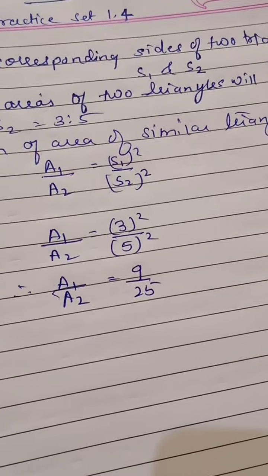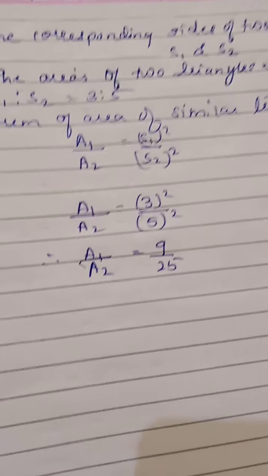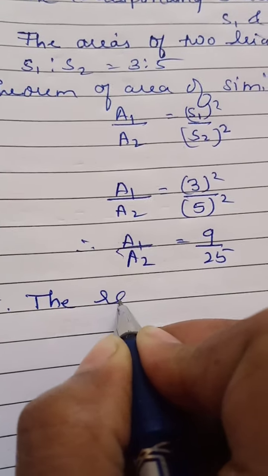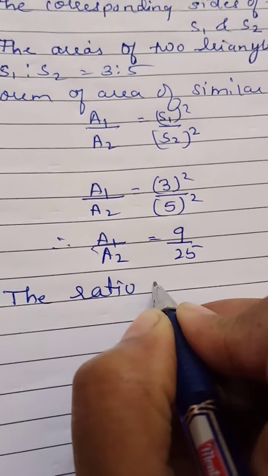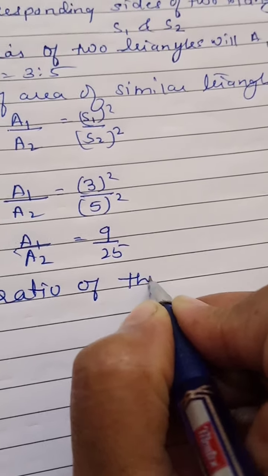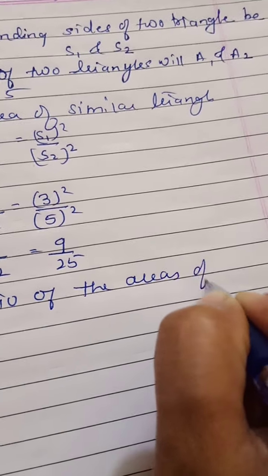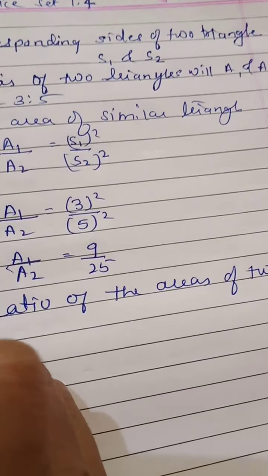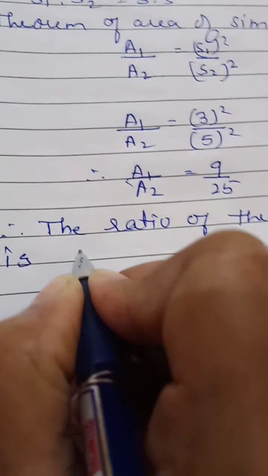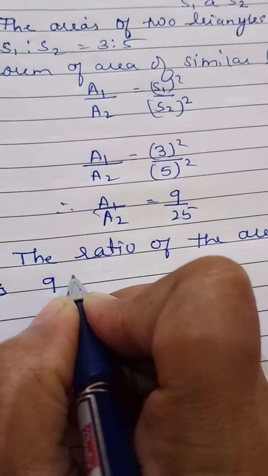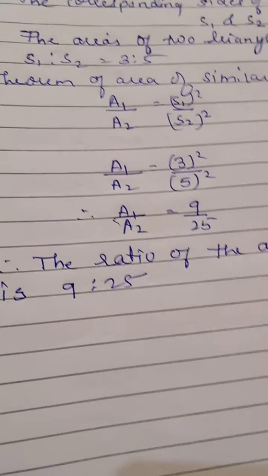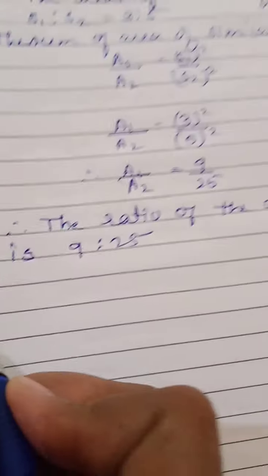Therefore the ratio of the areas of the two triangles is 9 is to 25. Okay, 9 is to 25.